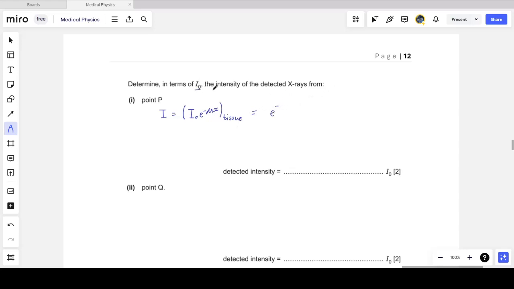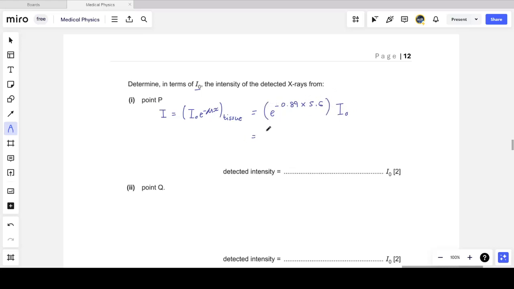Now they want it in terms of I naught, since we don't actually have a value of I naught, so it's just going to be a fraction of I naught. So that's e to the minus 0.89. I can leave my values in centimeters because I'm multiplying per centimeter times centimeter. It's minus 0.89 times 5.6, and all of this multiplied by I naught.